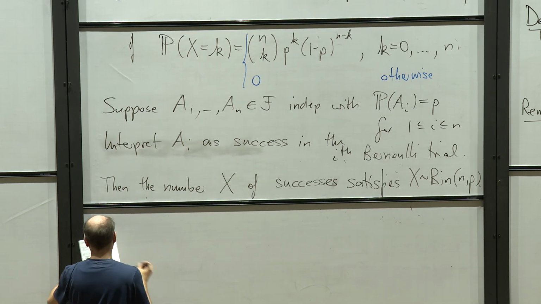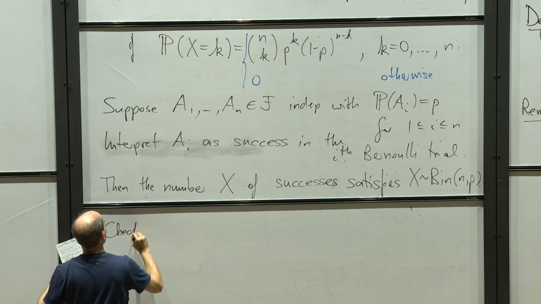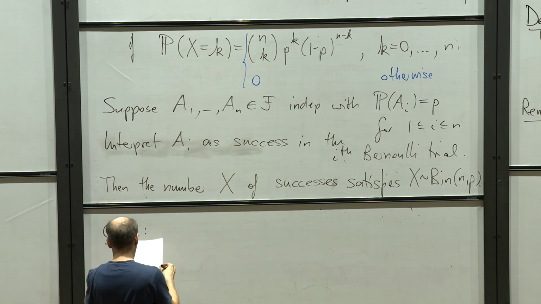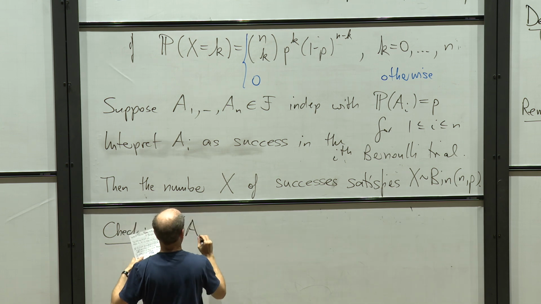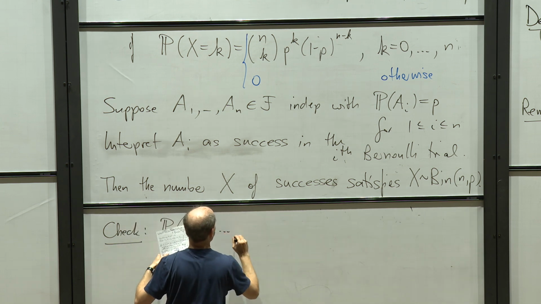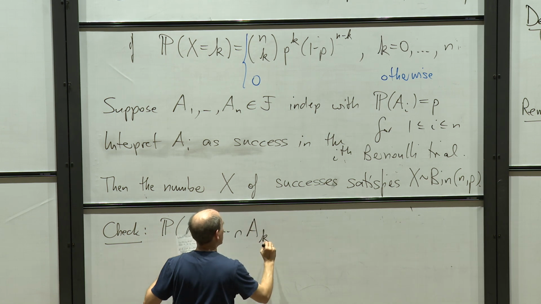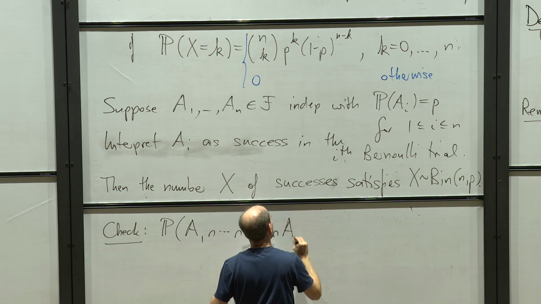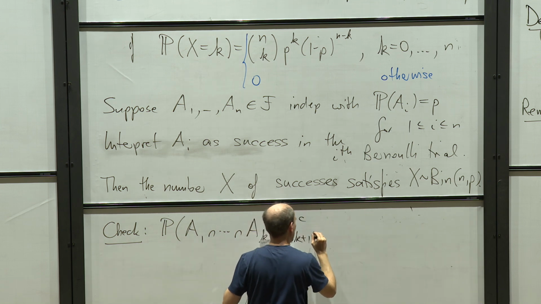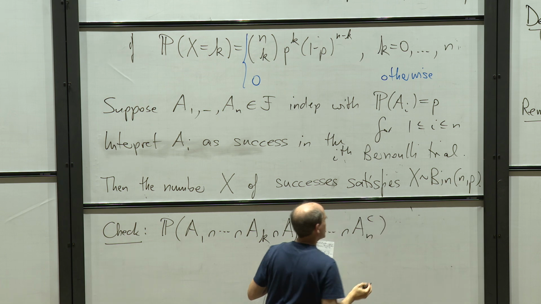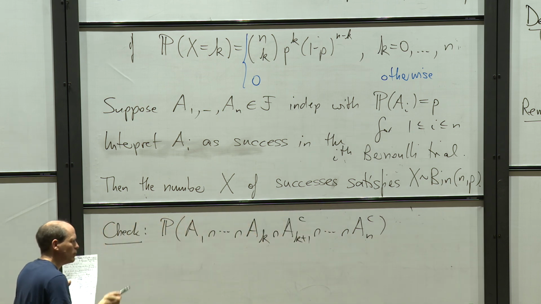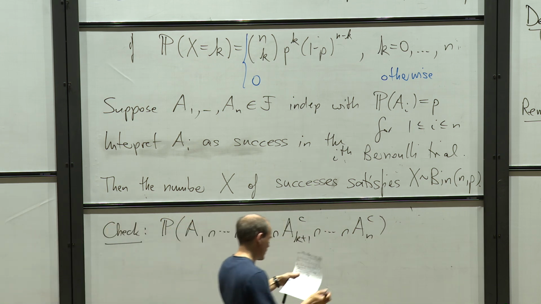Okay, why is this? Well, let's check. We can calculate probabilities such as the probability of A1 intersection, etc., intersection AK to get k successes, intersection AK plus 1 complement, intersection up to AN complement to get no more than k successes.